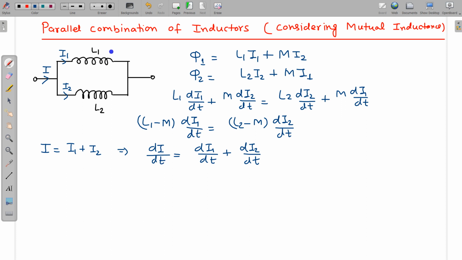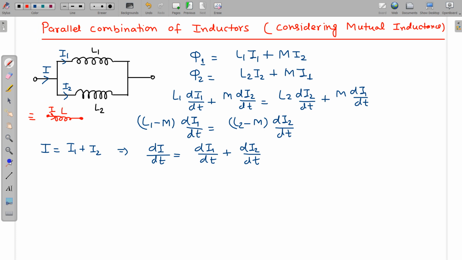For the equivalent circuit, I can replace these two inductors with a single inductor. Let's say the inductance is L, and obviously the same current I should flow in this. That is when I can call this the equivalent inductance.